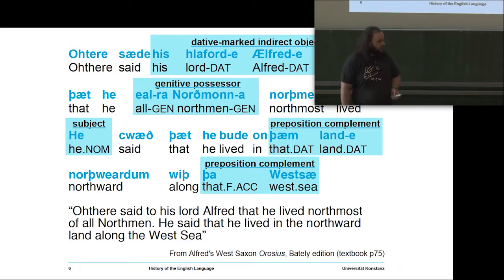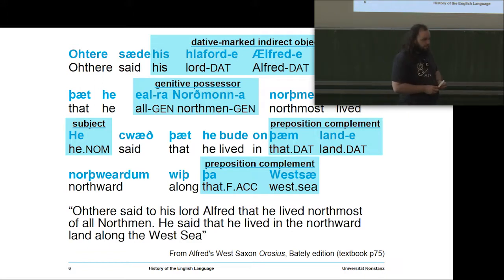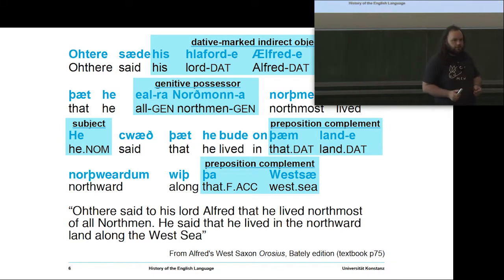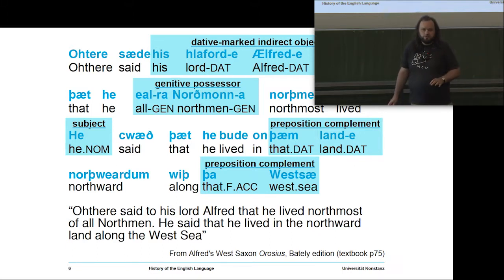All right, and this whole text you can find on page 75 of the textbook, and just to practice this kind of knowledge using the paradigms, the crucial thing to do is to just try and read some texts, and if you find nouns, try and figure out what they are. Try and figure out if they're feminine nouns or masculine nouns or neuter nouns.